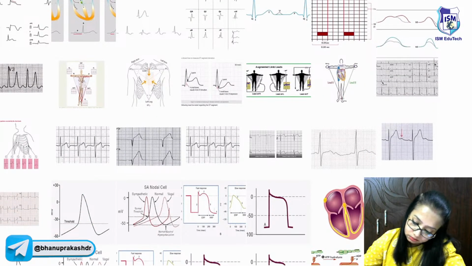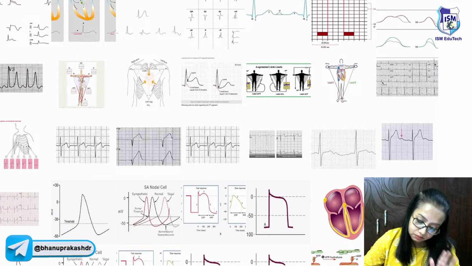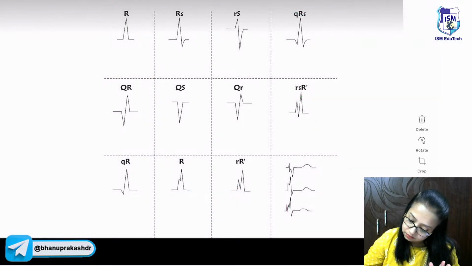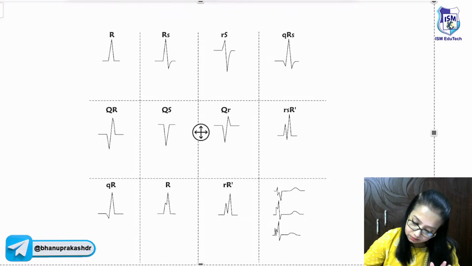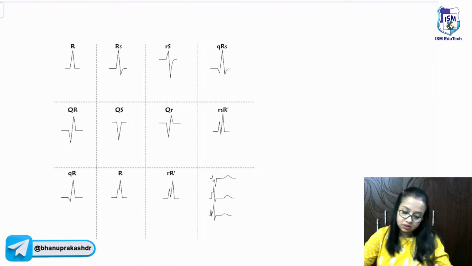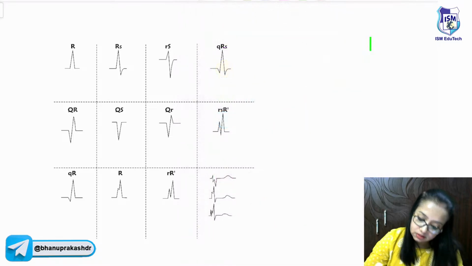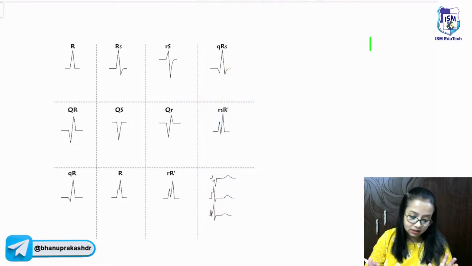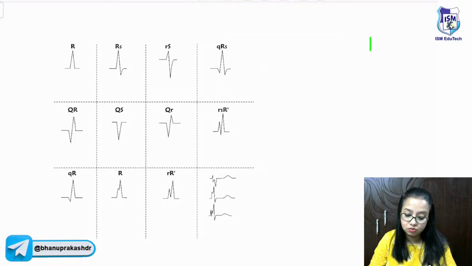See here. This is a chart, an amalgamation of diagrams showing the different types of QRS, what we call them and why.